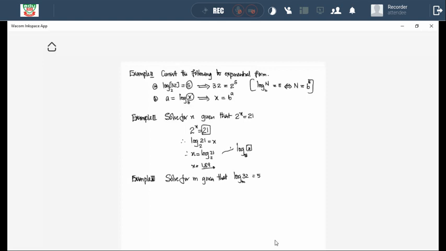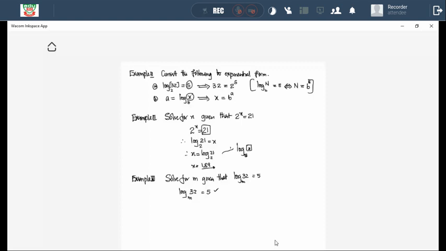There you go. I'm trying to solve this, so I'll say log of 32 base m is equal to 5. I'm solving for m. This is logarithmic form. For me to solve this, I have to convert it to exponential form.